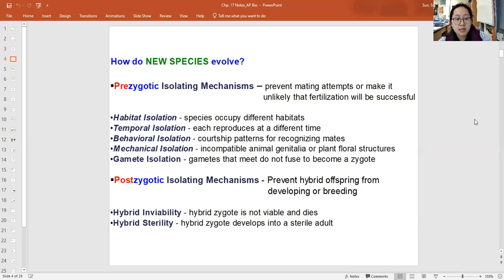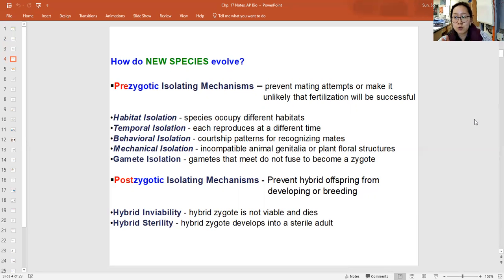Mechanical isolation would mean that the animal genitalia do not match together. Or for example, with plant floral structures, the pollen can't extend a tube long enough down every single flower's style, so it's not going to be able to reach the ovules in the ovary, right? So different mechanisms set up for reproduction are incompatible with certain other ones.